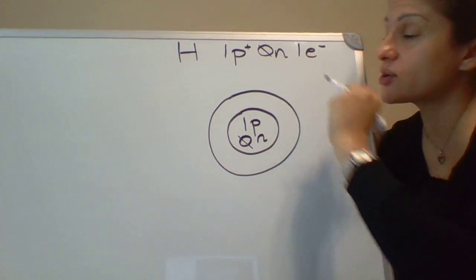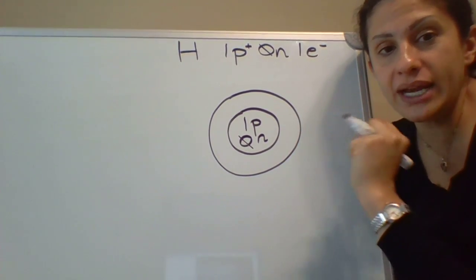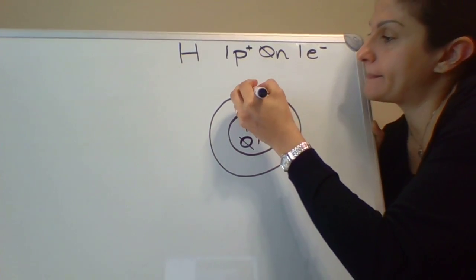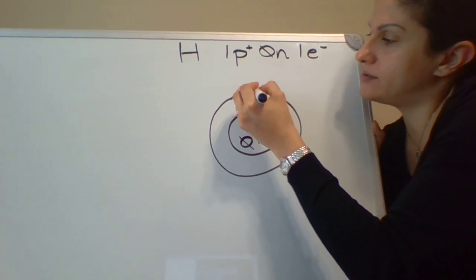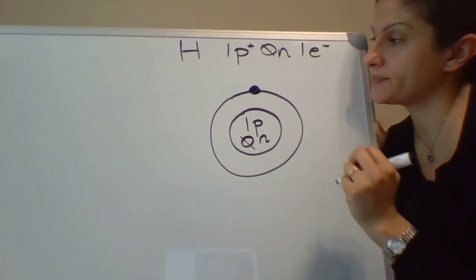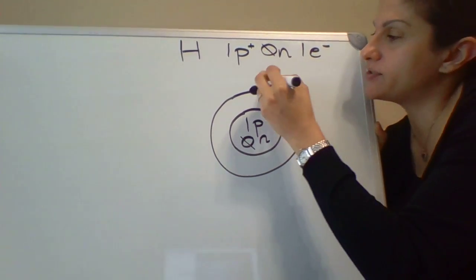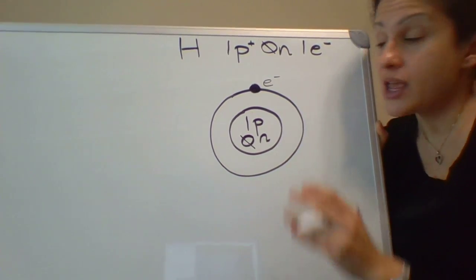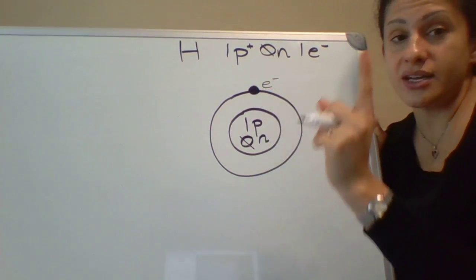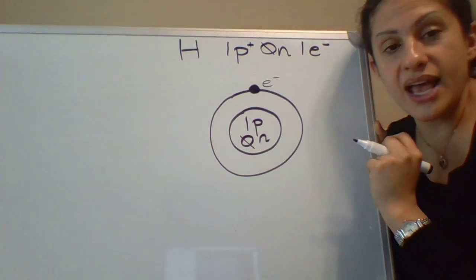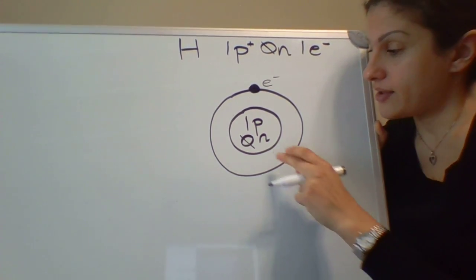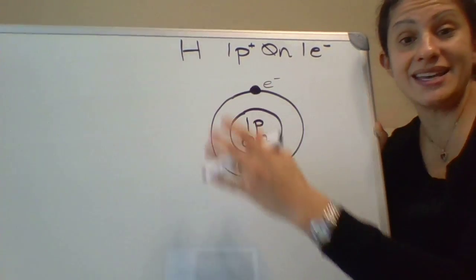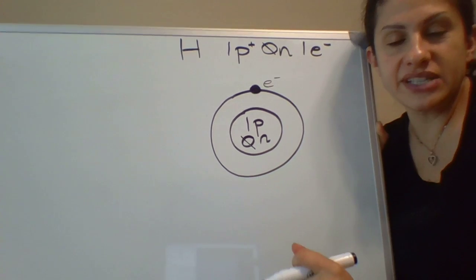In our case here with hydrogen, we have 1 electron, which will definitely fit in the first shell. So we depict that as a dot on our valence shell. And if you want, you don't have to, you can refer to it as the electron. This electron is by itself because hydrogen only has 1 electron. We have our 1 proton and our 0 neutrons. So this is the Bohr-Rutherford diagram for hydrogen.